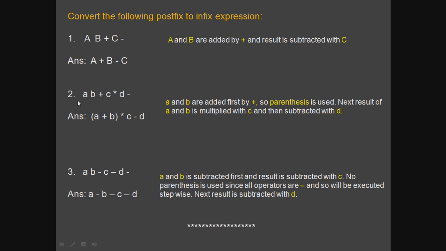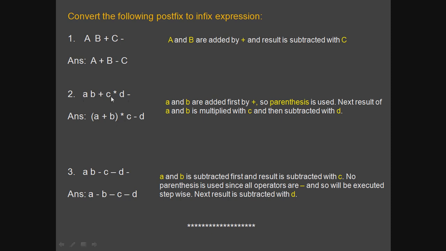All right, next we have this postfix expression, that is ab plus c into d minus. So here you can see that within the parentheses a plus b is written, and then multiplication c, minus d, because first a and b are added. Parentheses are used because if we do not use them, then when this infix notation is processed, the multiplication symbol has higher precedence, so it will evaluate b into c first.